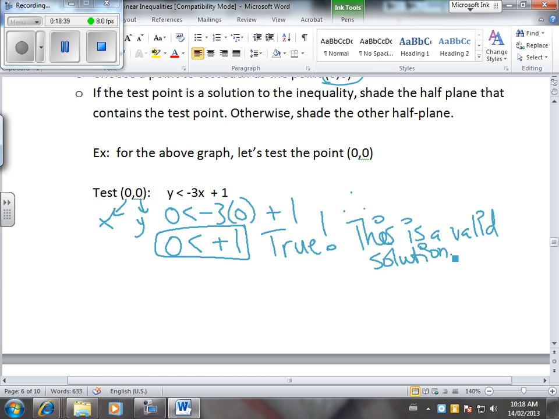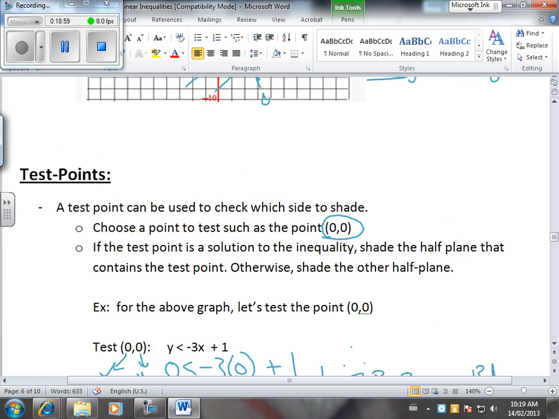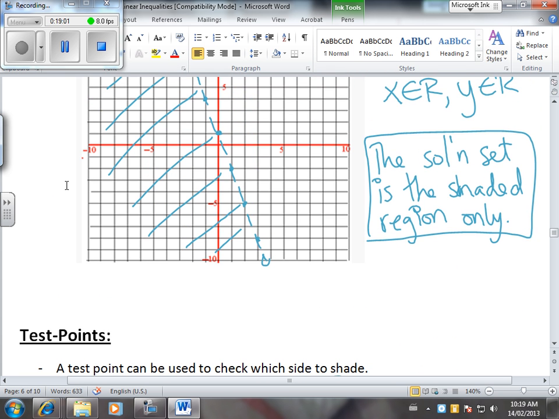Okay, and then we will shade the half plane that includes 0, 0. Okay, so let's go back to our graph and we'll look here and let's find 0, 0.